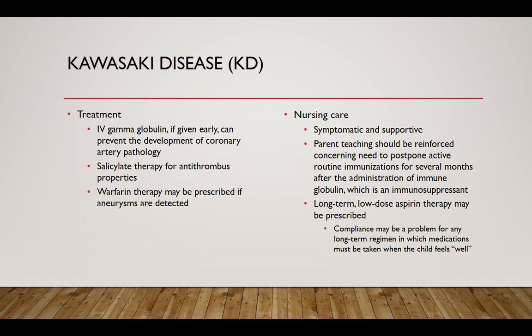Warfarin therapy may be prescribed if aneurysms are detected. Nursing care is symptomatic and supportive. Parent teaching should be reinforced concerning the need for routine immunizations for several months after, and going on from there.